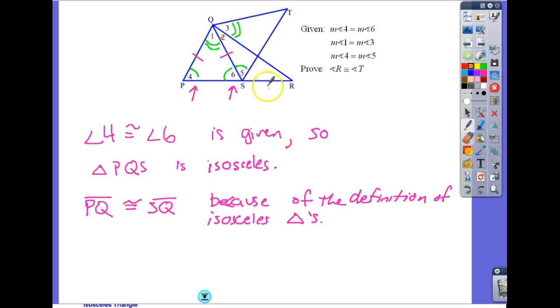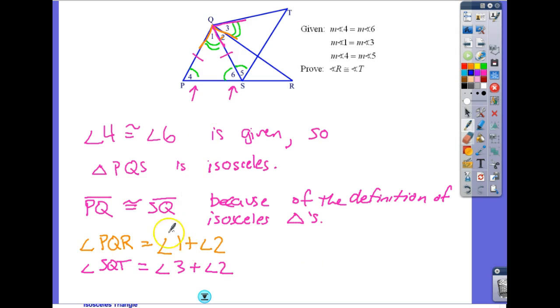So I think you can here, because this angle here, angle PQR, is angle 1 and angle 2. So angle 1 plus angle 2 makes up PQR. This angle here, SQT, which is the corresponding angle, is angle 3 plus angle 2.